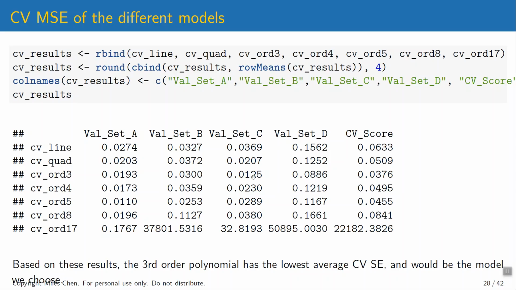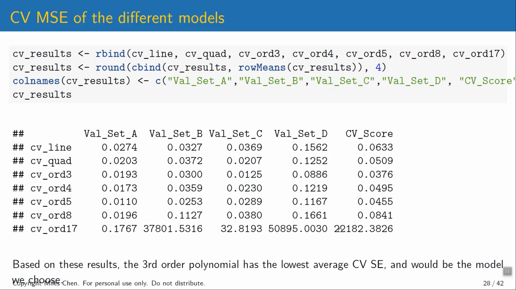some of these are much lower, much higher than others, and then you just take the mean of these things. Okay, so here the mean cross-validation score is 0.0633, 0.0509 for the quadratic, 0.0376 for the cubic one, and then the 4th order, 5th order, 8th order, and 17th order polynomial.